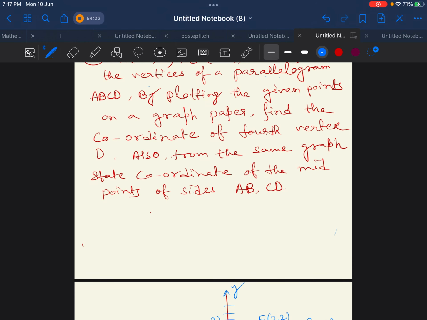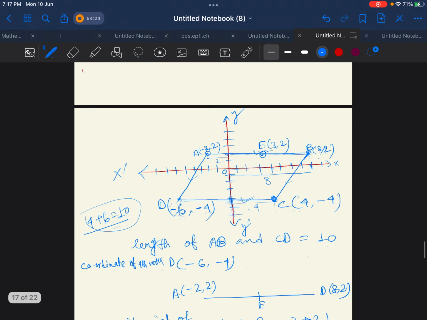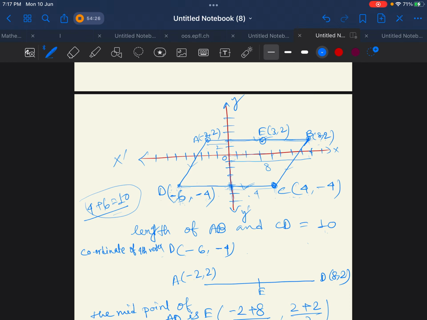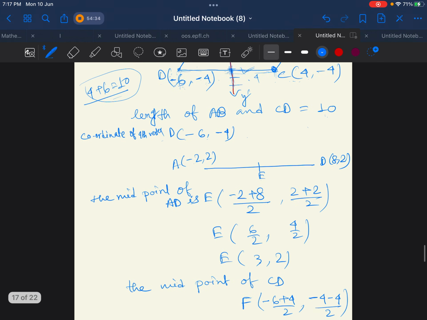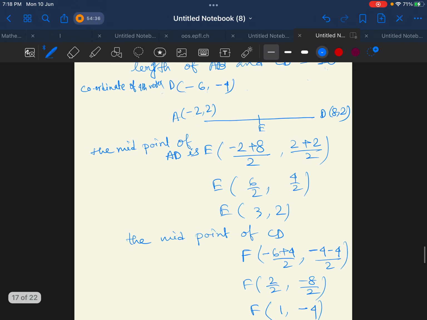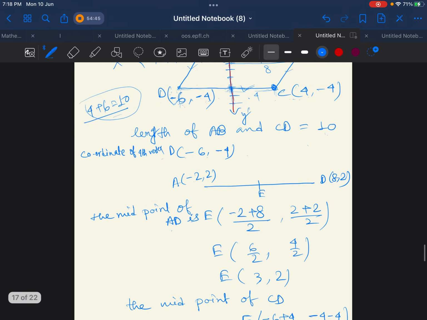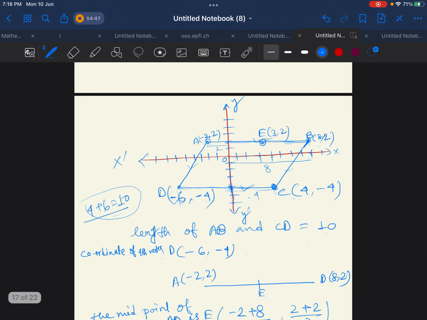Now we also have to state from the same graph the coordinates of the middle points of sides AB and CD. So how to calculate the middle point of a line?